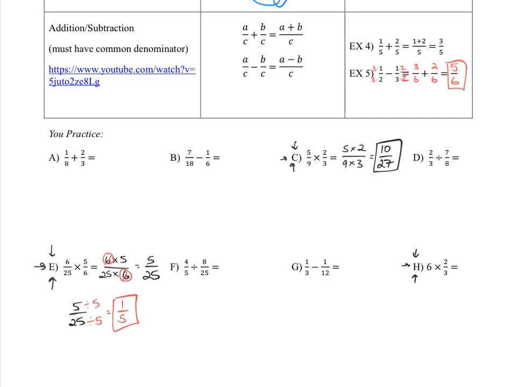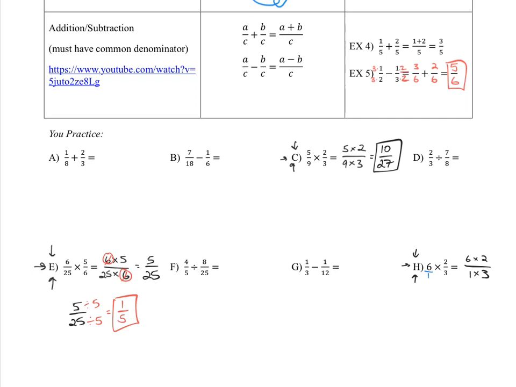So here we have 6 times 2/3, and you might be wondering, well, that doesn't make any sense. We're supposed to be multiplying fractions. All right, you can turn any whole number into a fraction by putting it over 1. So that will leave us with 6 times 2 in the top over 1 times 3 in the bottom. Now this is interesting.